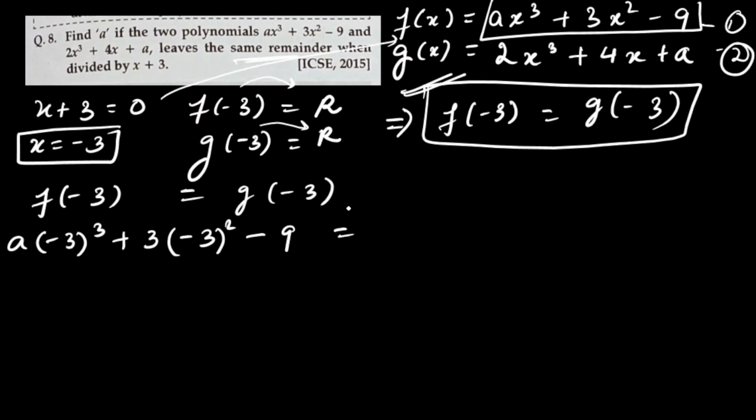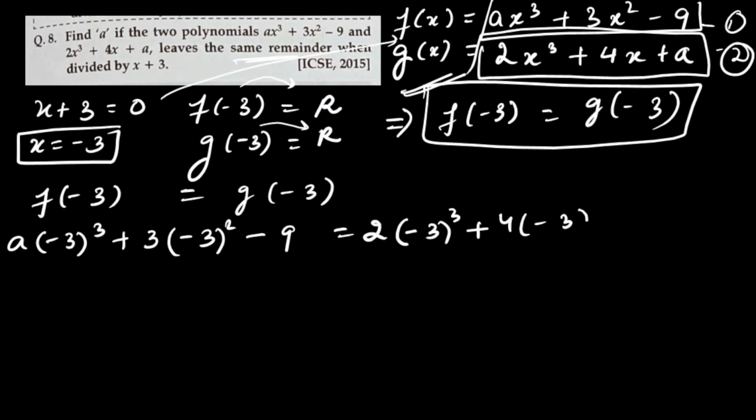Now g of minus 3. G's polynomial is this one. So we'll just substitute the value of x as minus 3. So 2 into minus 3 whole cube plus 4 into minus 3 whole square plus a.